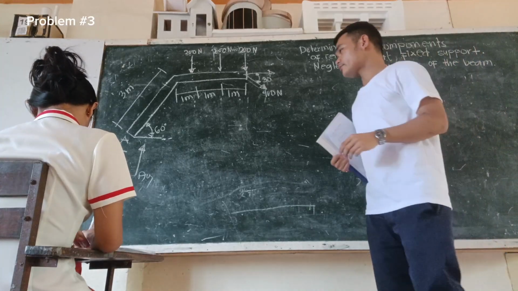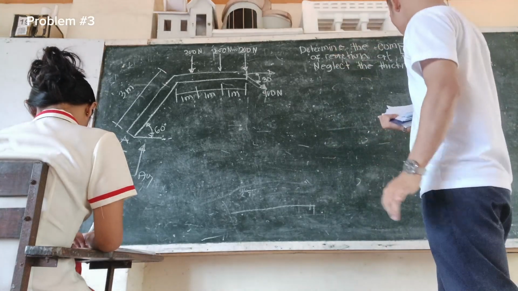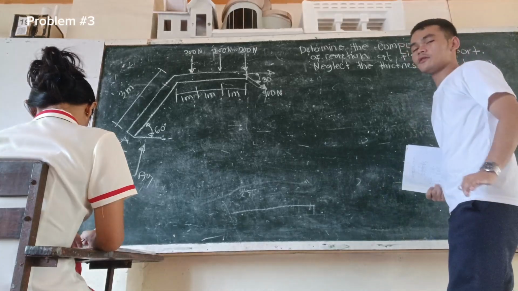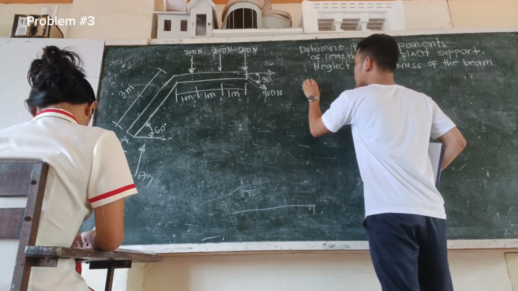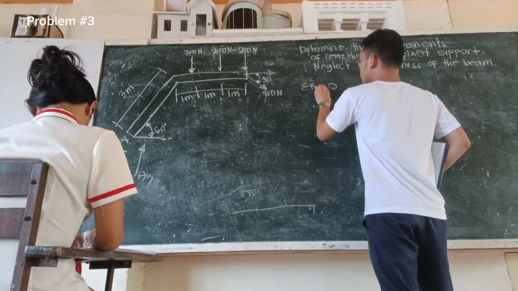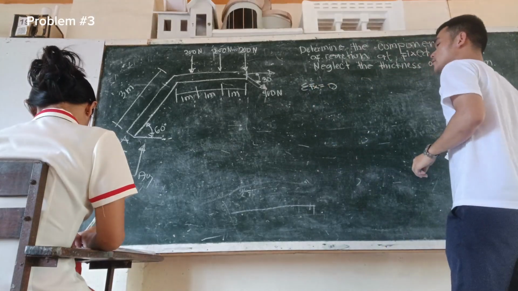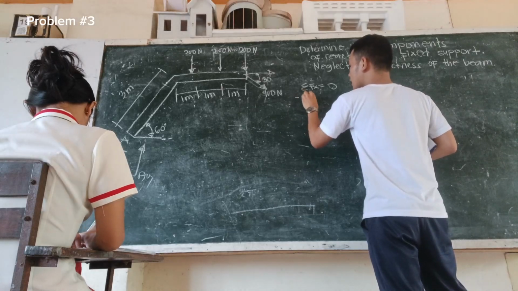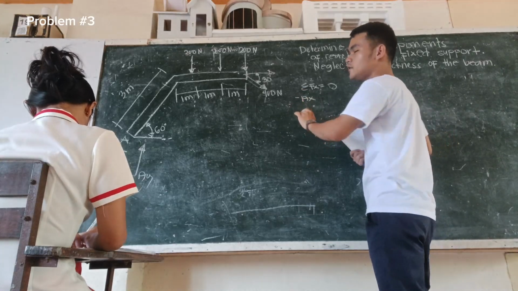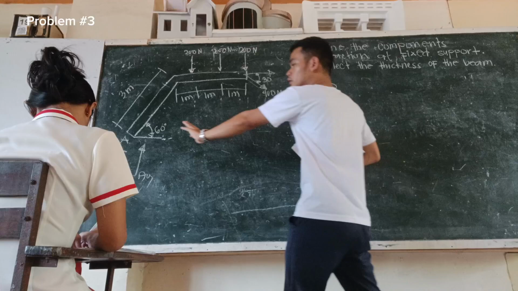So the first thing we are going to solve is the summation of forces along X, which is equal to 0. Negative AX, it's negative since it's going to the left.